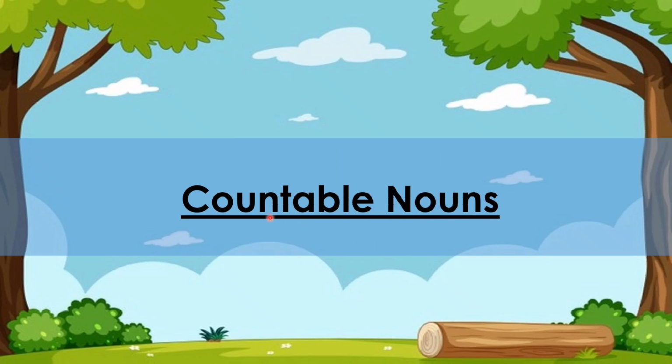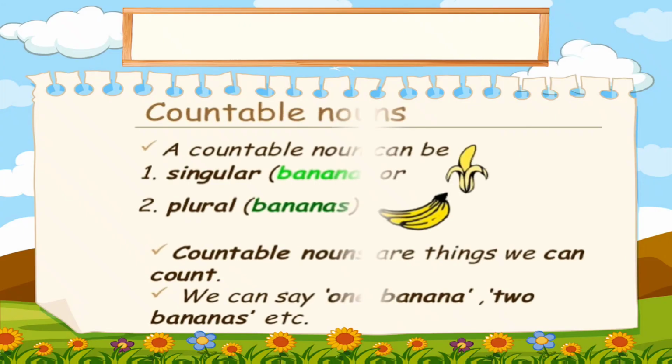Okay, let's start with countable nouns. Again, countable nouns are nouns that you can count. They can be singular or plural. For example, this is only one, right? So we can say banana.